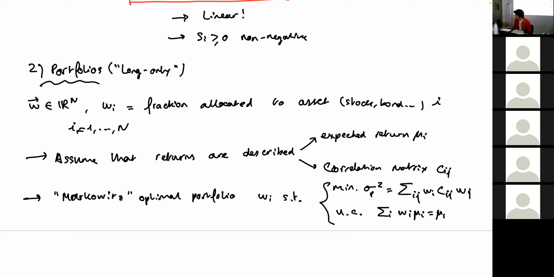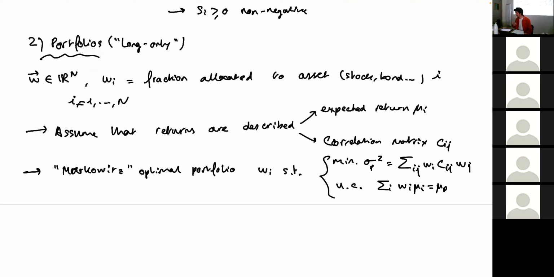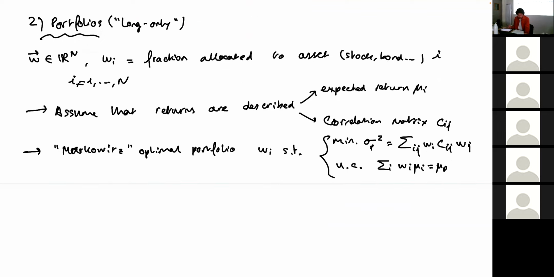Okay? And so if you do this, it's actually, as I said, a conventional problem. And so you can solve it quite easily. And it gives you that the weights are basically proportional to the expected return you want. And so you've got a part which is simply the inverse, once again, of the covariance matrix times the expected return mu j.